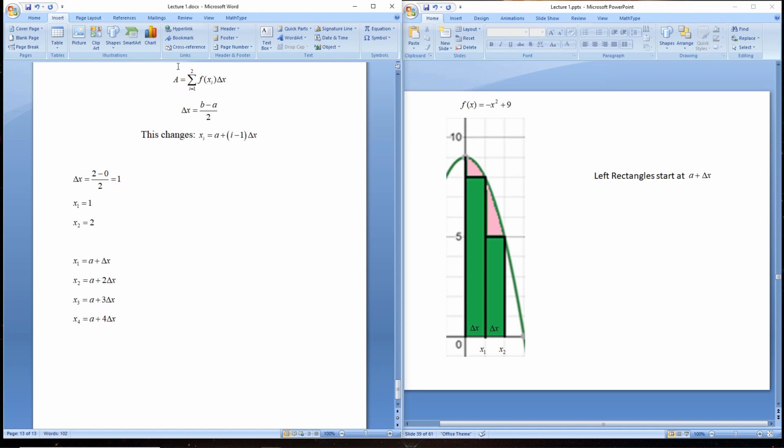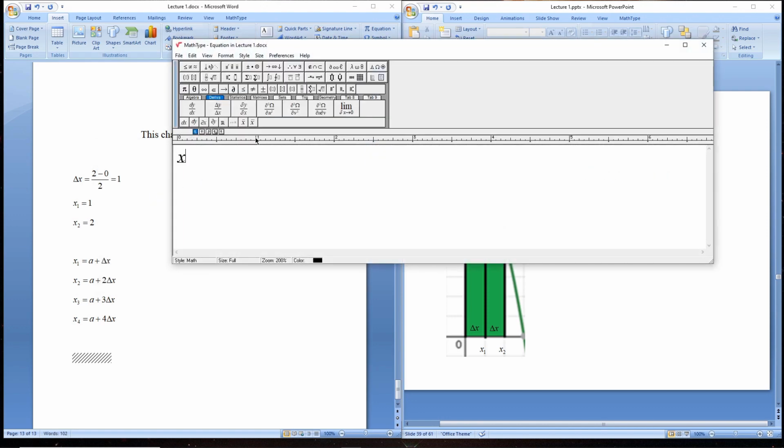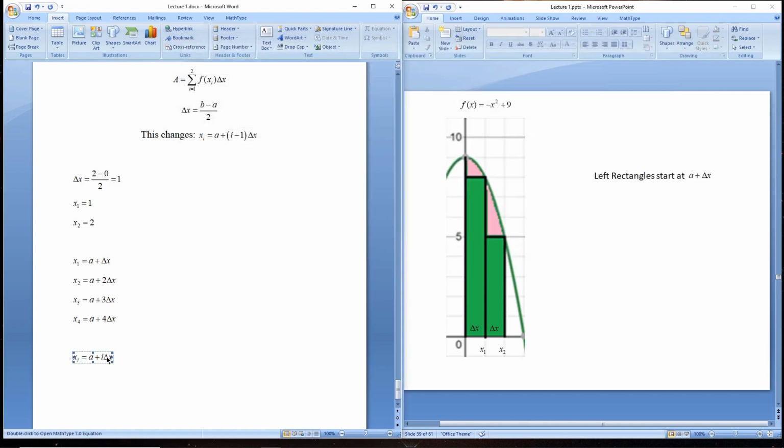And from this pattern, we can then deduce the general expression for any x position for left rectangles. So it must be a plus i delta x. And this is our big deal for left rectangles. This expression here is how we get the x positions where the rectangles are for left rectangles.